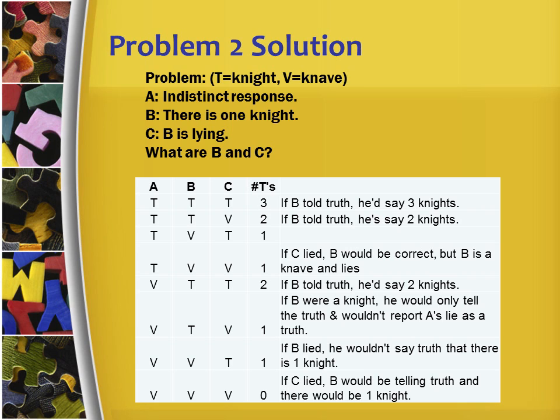But because in this situation with VTV, A is a knave, B would be morally obliged to correctly report what A said, but he wouldn't actually say it. So he couldn't be telling the truth and reporting the knave's statement as true.